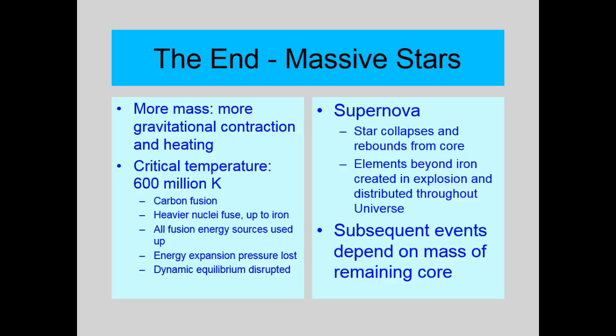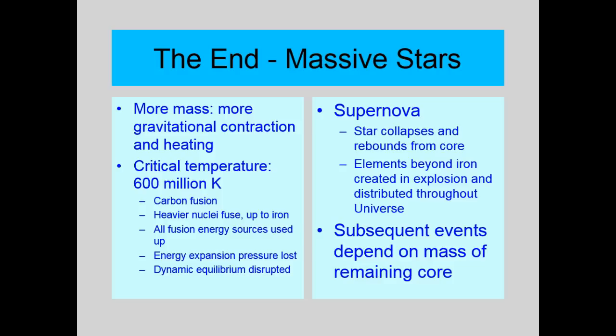The energy expansion pressure is lost, so the dynamical equilibrium is disrupted. It collapses on itself, and now you get what they call a supernova. The star collapses, rather quickly on geologic time, but it collapses on itself and then rebounds. It's just like the basketball hitting the wall and bouncing back at you.